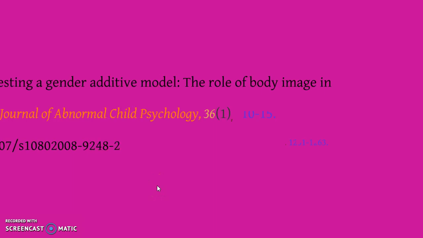Now, if it was paginated by issue, we would include the name of the journal, a comma, the volume number in italics, the issue number not in italics, and then a comma, and then all the page numbers of the journal article. A quick rule of thumb is if you have low page numbers, it may very well be paginated by issue.